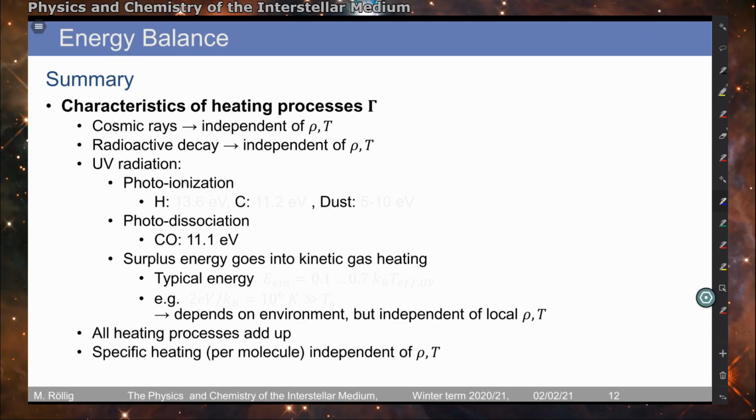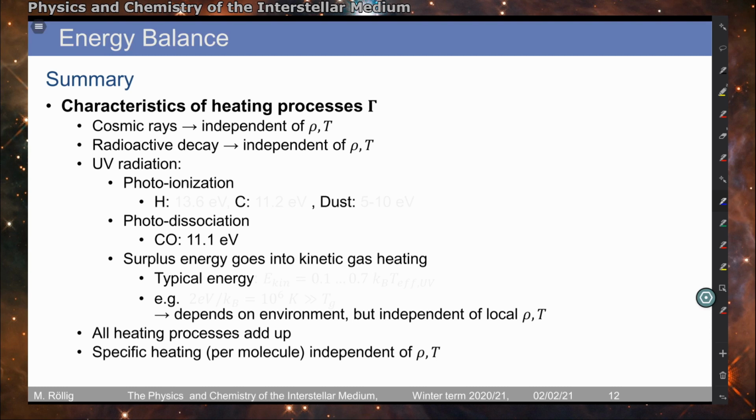So summarizing, we saw that when we were looking at the different heating, mostly the specific heating rate per particle is more or less independent of the density and the temperature.